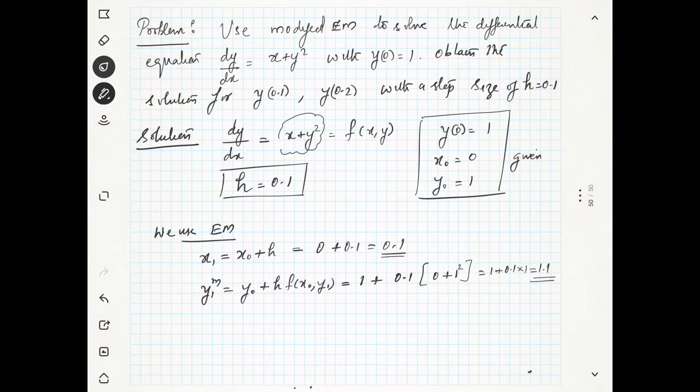Now you can find the solution by using the modified Euler's method. How to find it?